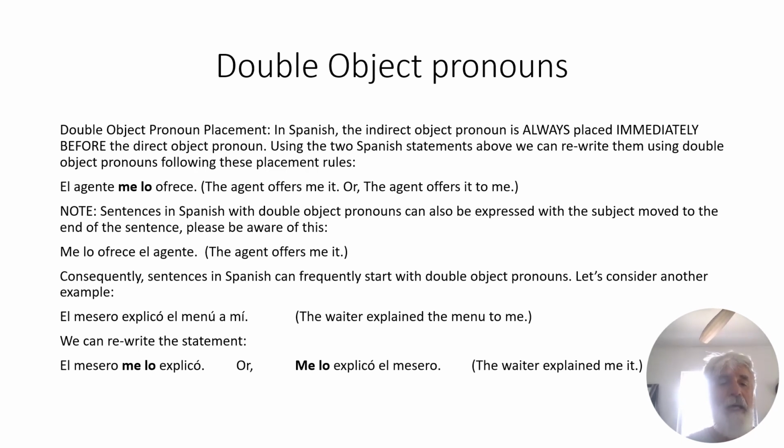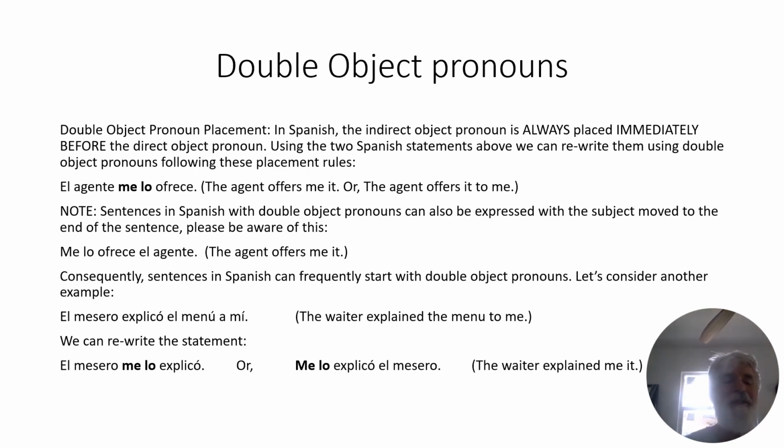Let's take a look. El agente me lo ofrece. The agent offers it to me. All right. Or the agent offers me it. So you can see in English, when we have an indirect object and a direct object pronoun, we use them just like in Spanish, and we actually follow the same order as in Spanish.